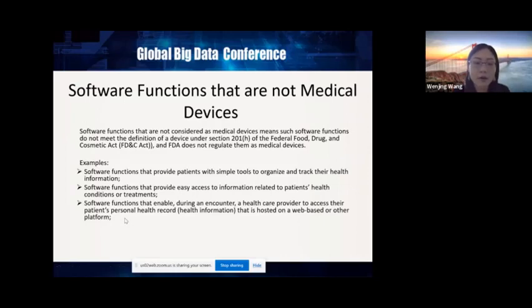The first example is software functions that provide patients with simple tools to organize and track their health information, or software functions that provide easy access to information related to patients' health conditions or treatments, or software functions that enable a healthcare provider, during an encounter, to access their patient's personal health record that's hosted on a web-based or other platform.